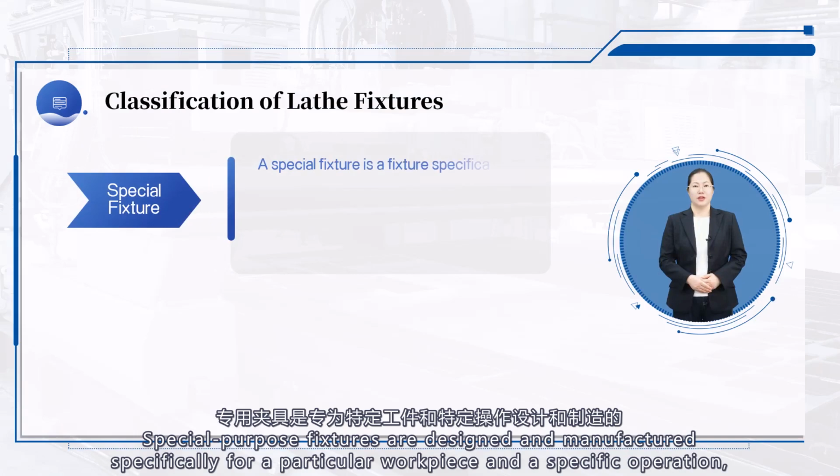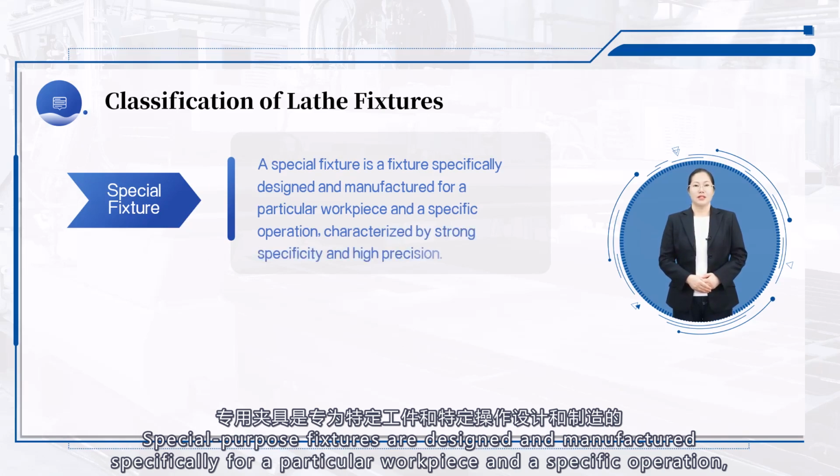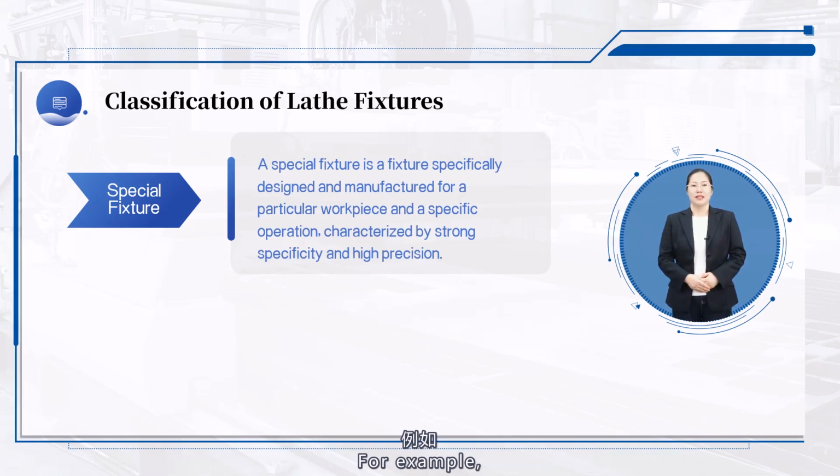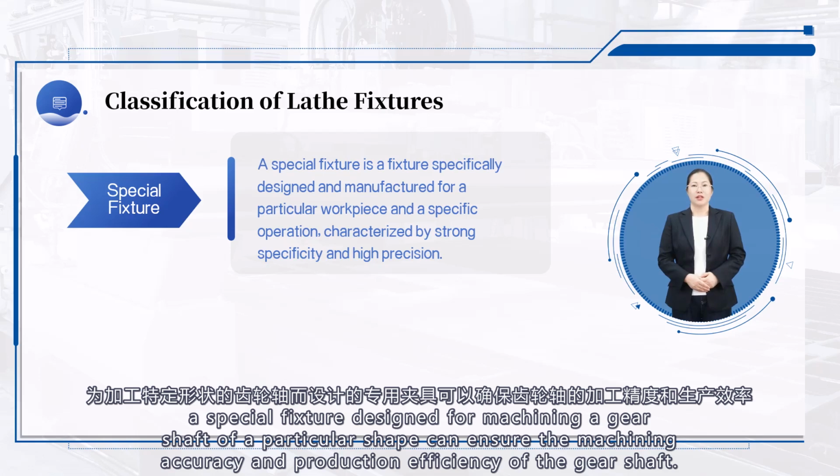Special-purpose fixtures are designed and manufactured specifically for a particular workpiece and a specific operation, characterized by their strong specificity and high precision. For example, a special fixture designed for machining a gear shaft of a particular shape can ensure the machining accuracy and production efficiency of the gear shaft.